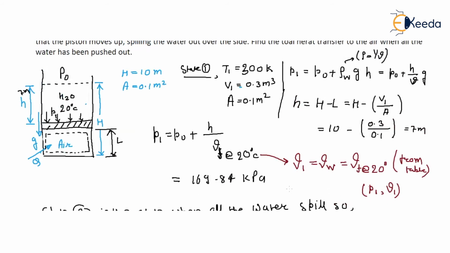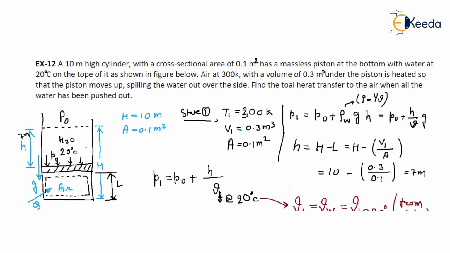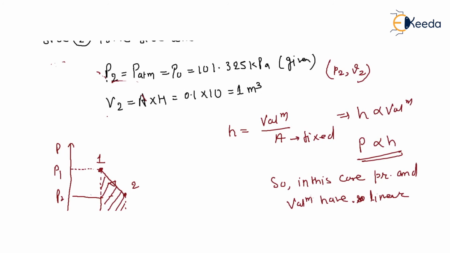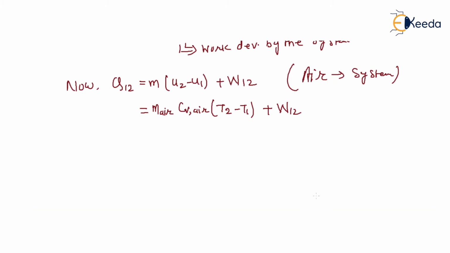Because the initial temperature of the air is 300 Kelvin and if heat is supplied, we assume air as an ideal gas. Air acts as an ideal gas, so Cp and Cv are constant.